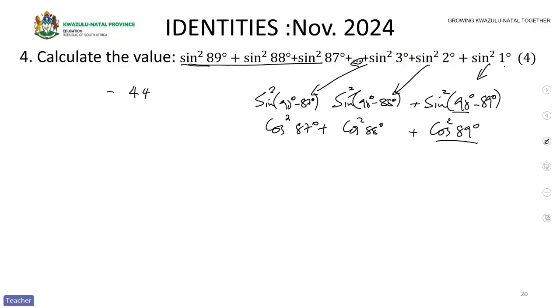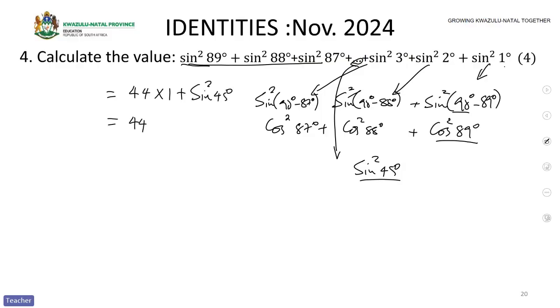So I can express it as 44 times 1. But in the middle, since they are going in pairs, there is an expression that doesn't have a pair. That one, since it's in the middle, will be sin squared 45 degrees. So here it will be plus sin squared 45 degrees.